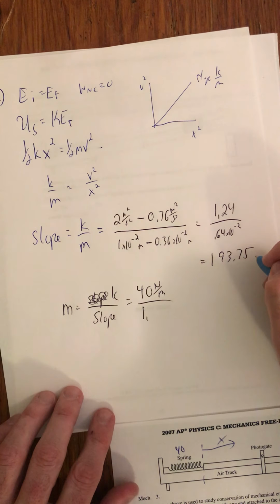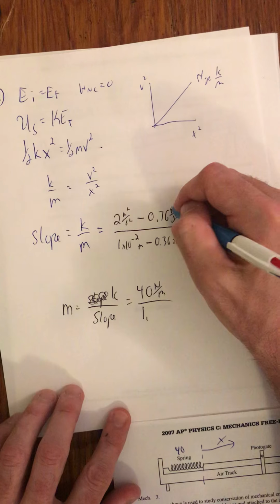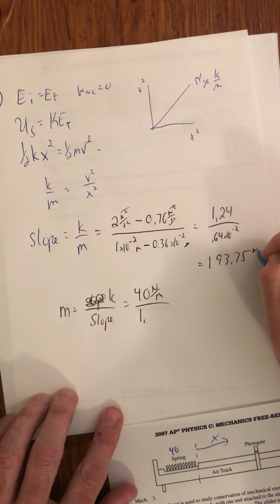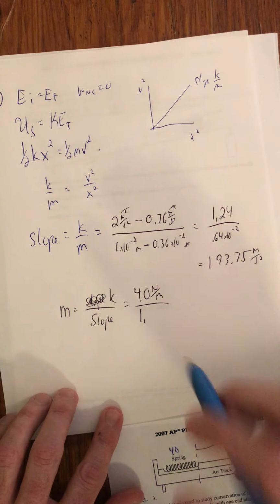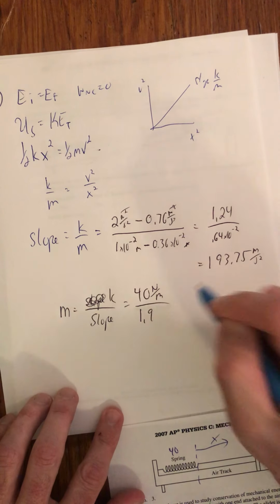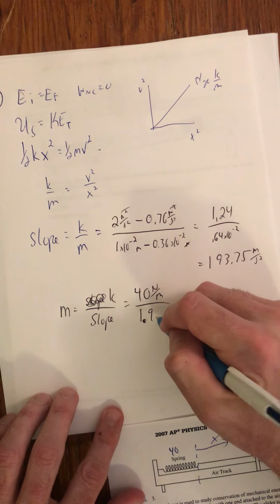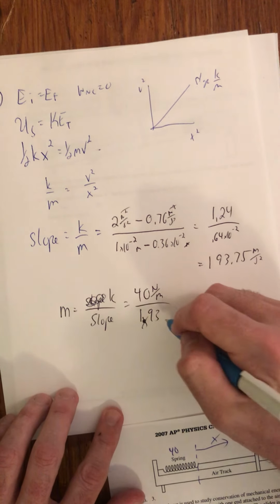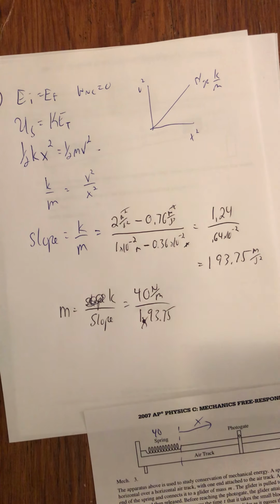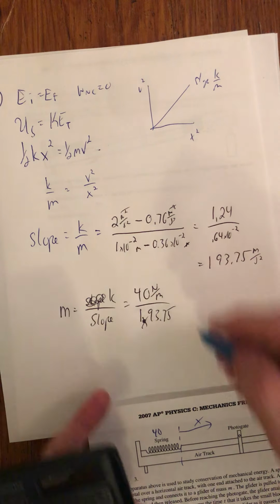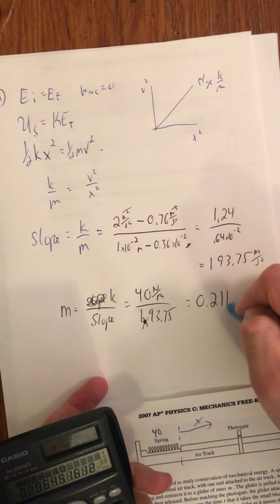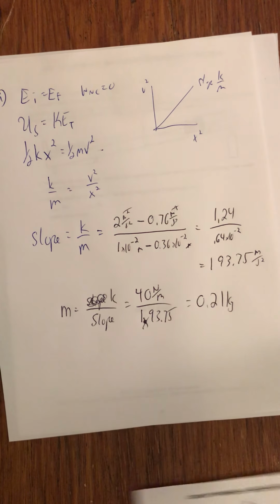Oh, by the way, what are my units here? Meters and meters. Cool. So meters per second squared. 1 over 193.75 times 40 equals 0.21 kilograms. Great. Got it.